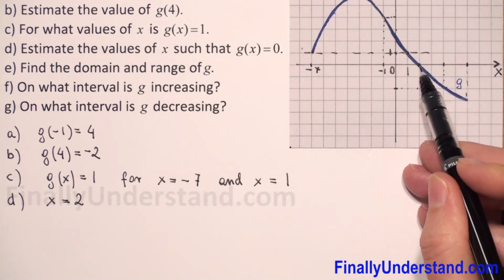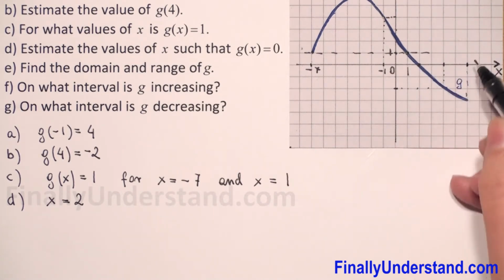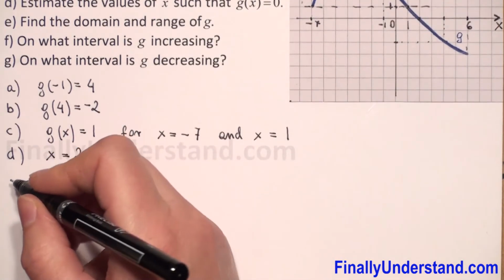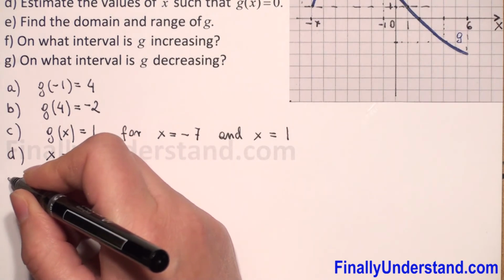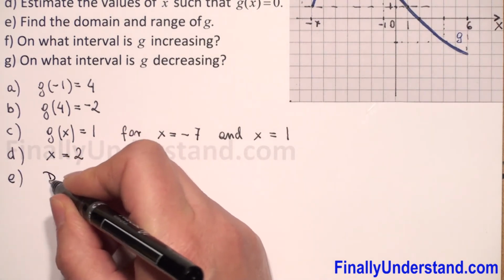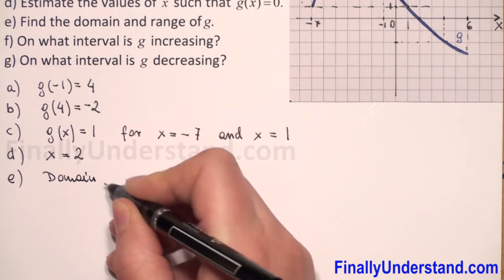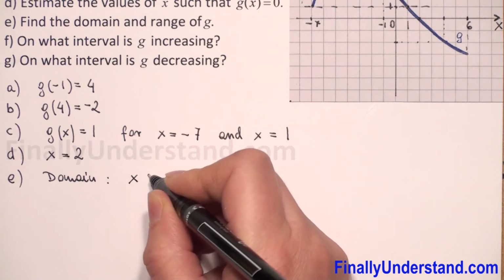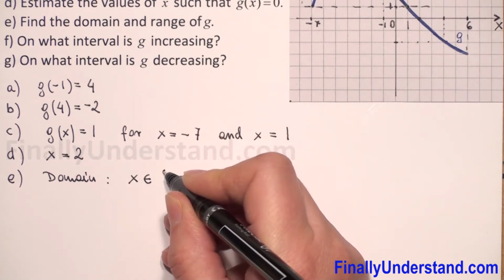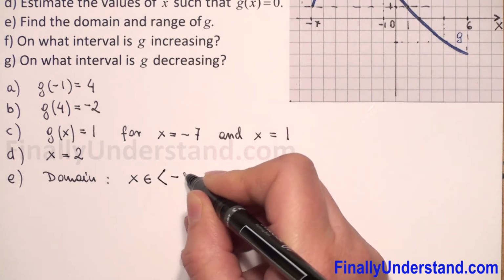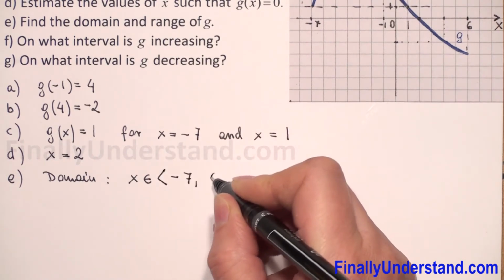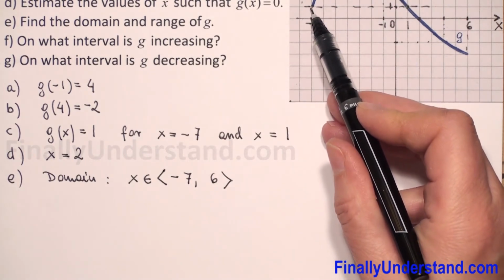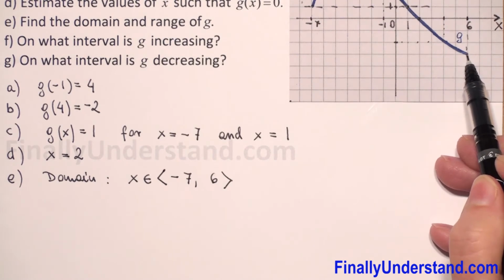So 1, 2, 3, 4, 5, 6. This is our 6. So the domain, let me write this. We have E, the domain will be, I can write, x belongs to the interval from -7 to 6, closed on both sides because -7 is included and 6 is included.